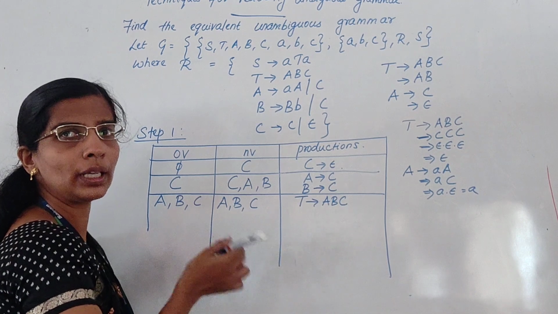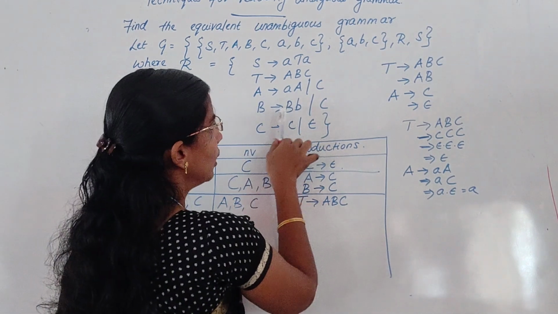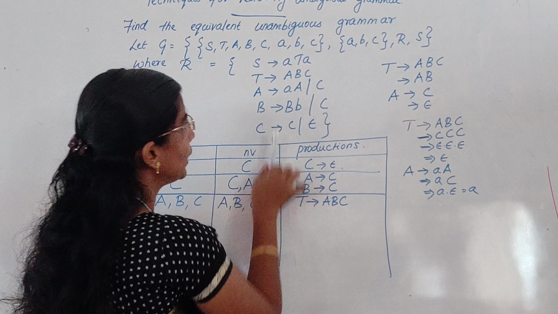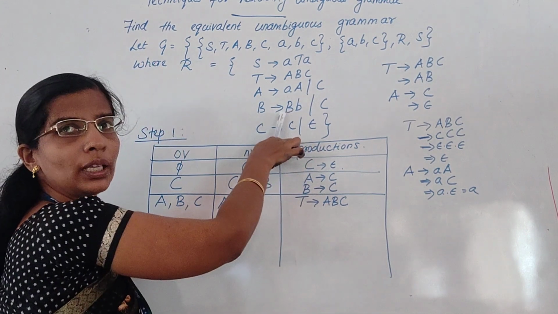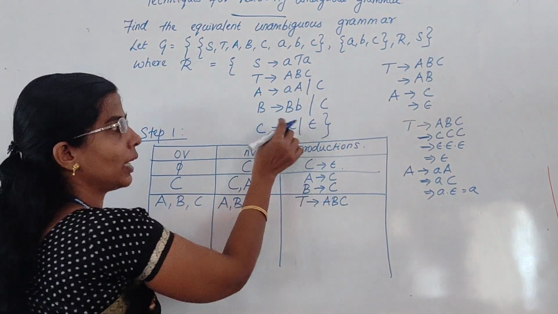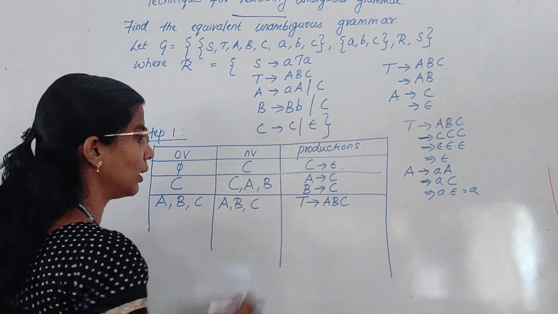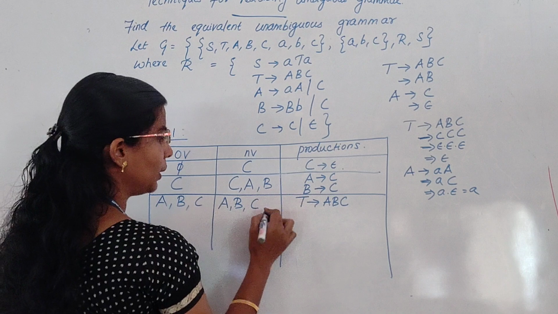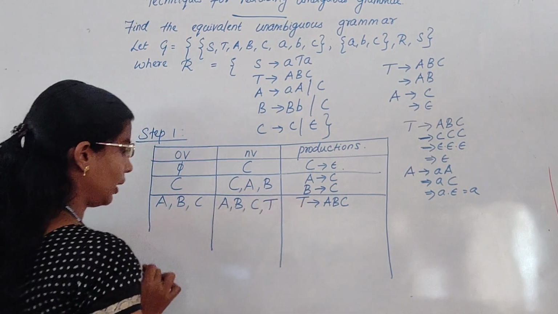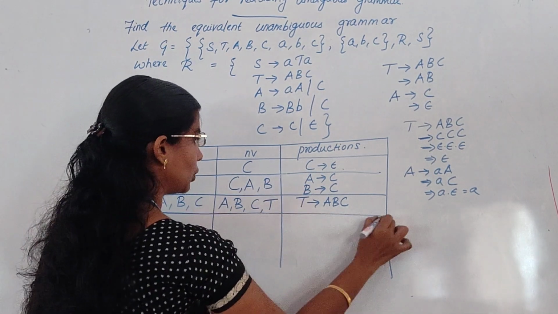I should get only epsilon in RHS. Similarly for B also, I won't get only epsilon in RHS because I have a lowercase letter here. So include this new variable T. Next, what should I do?